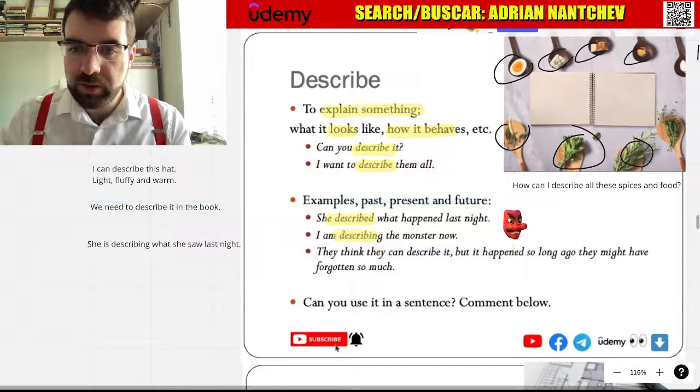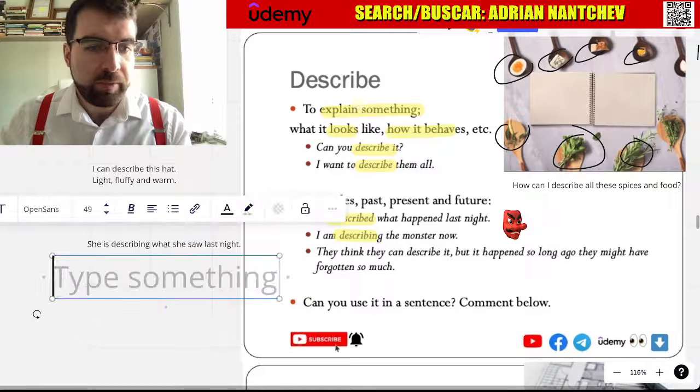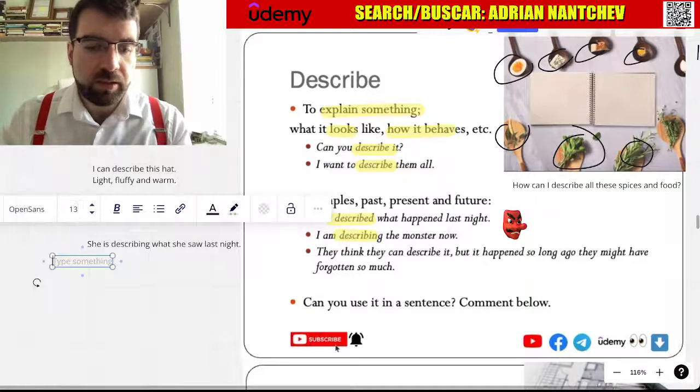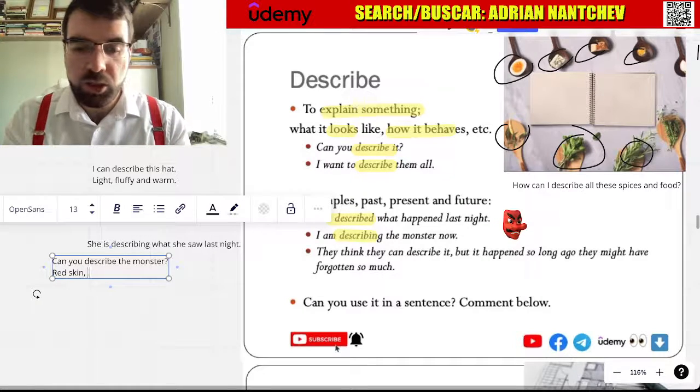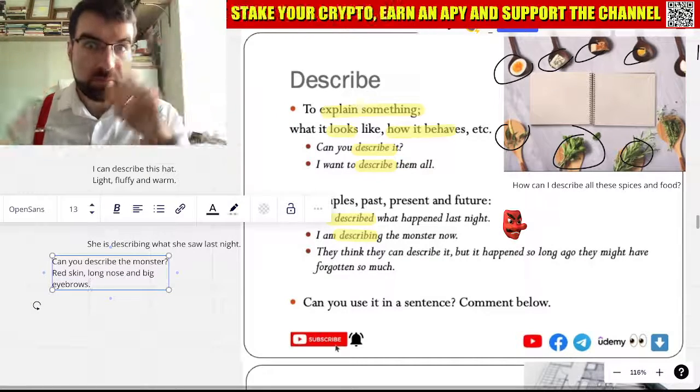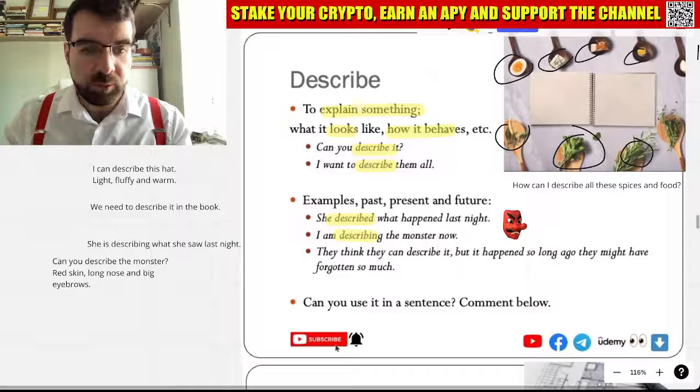So, can you describe the monster? Yes. Red skin, long nose, and big eyebrows. Very good.